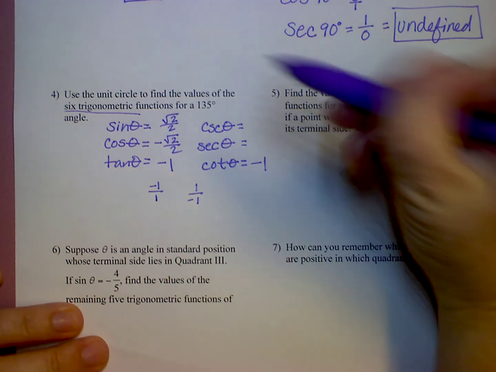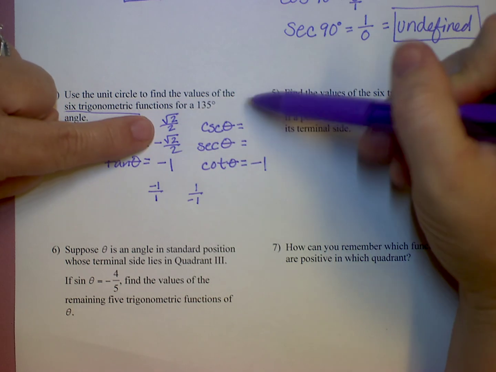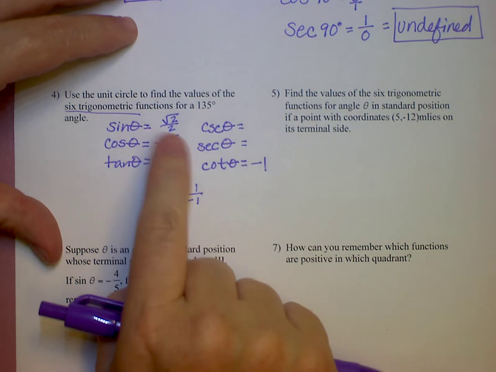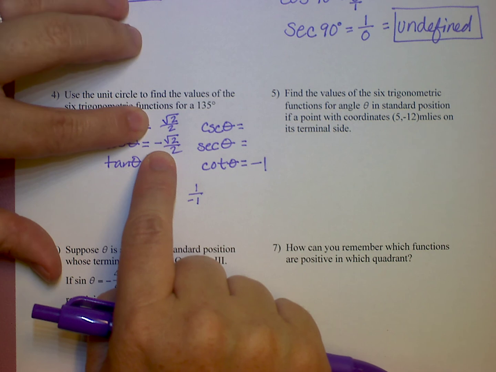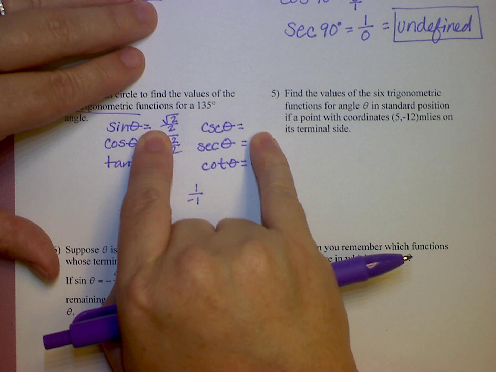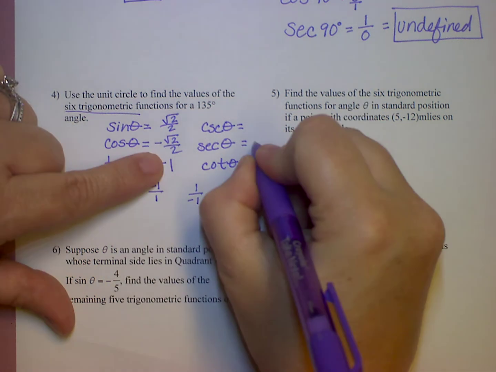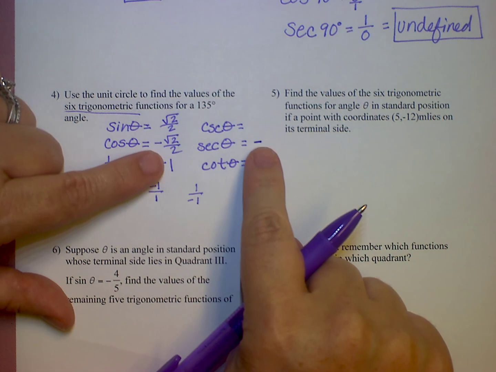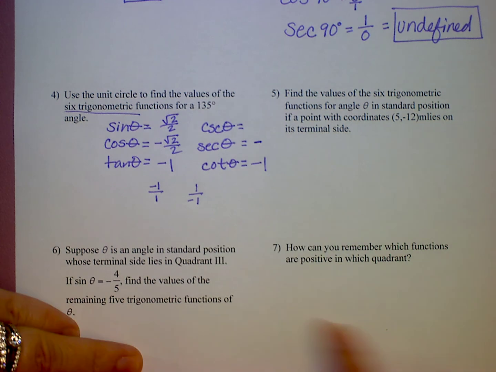Something that I notice is one of these is positive and one of these is negative. Whatever is positive, the reciprocal one is also going to be positive. Whatever is negative, the corresponding reciprocal one is also going to be negative. So my secant value is going to be negative, but my cosecant is going to be positive. And we'll talk more about that in number 7.